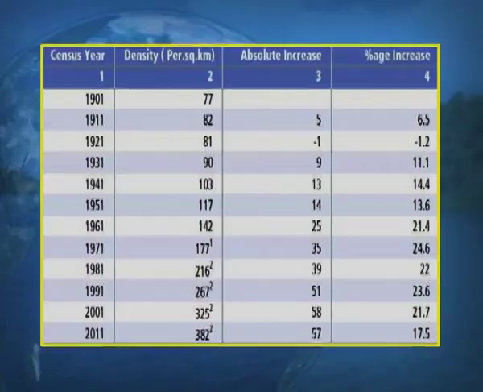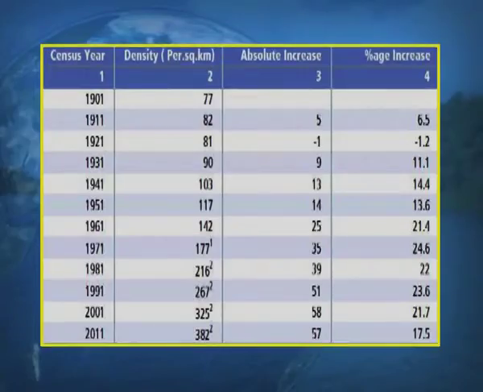And if we just see the percentage increase in the density of population for all these years, you can have a view. From 1901 to 11, there was a 6.5% increase in the density of population. But then there was a fall in the density, and the increase also had a fall, that is, minus 1.2%.